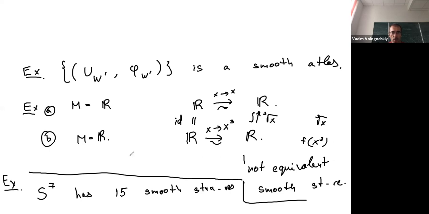So maybe here is a comment. Suppose you have M with a smooth atlas A, and M with another smooth atlas B. It's clear that A is equivalent to B if and only if the identity map from M to itself is a diffeomorphism.